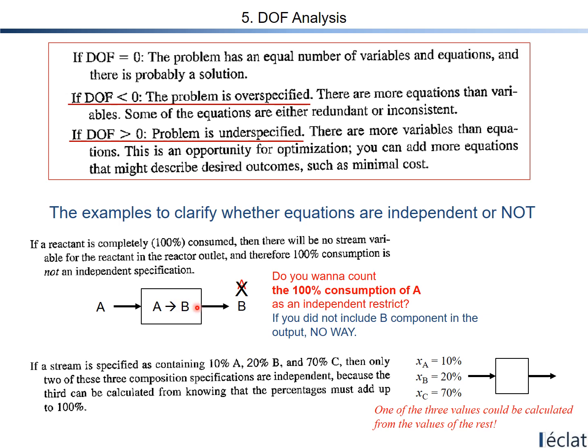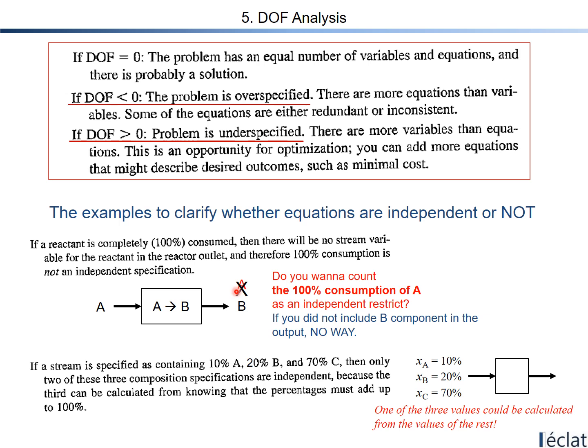So maybe we could write down only B for the output stream. Of course, in the general or practical cases, we should have B, and also we should have A as the reactant, because usually the conversion of reactors is not 100%.